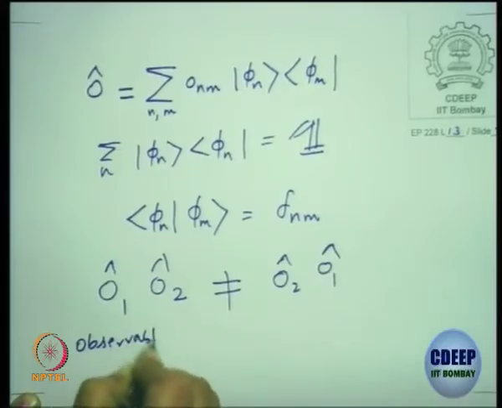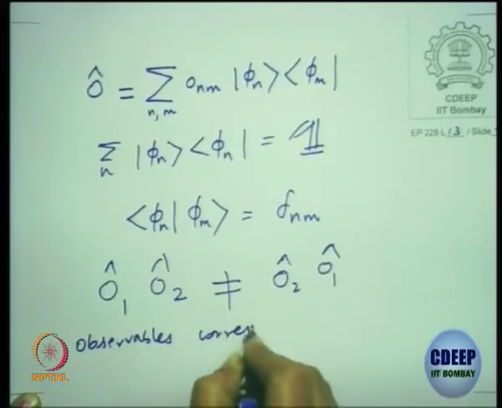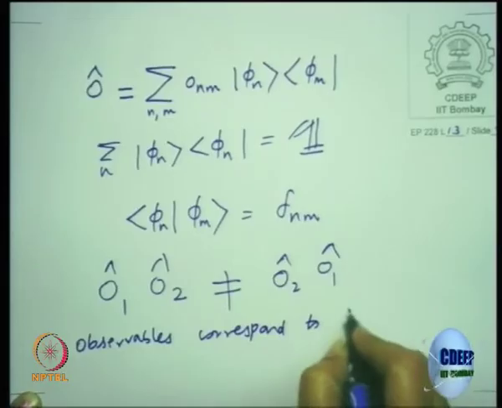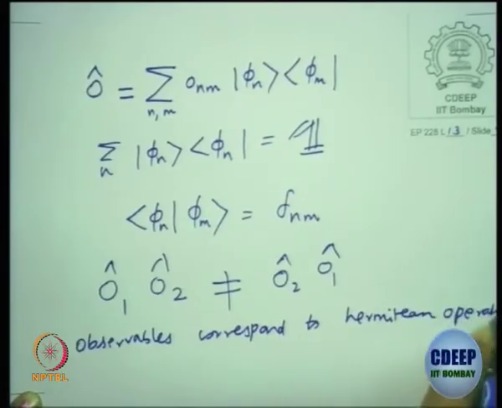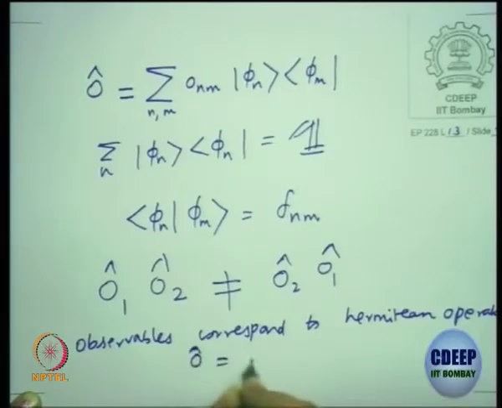Observables correspond to Hermitian operators, so they have to satisfy O equal to O dagger, the complex conjugate and transpose if you give a matrix representation.